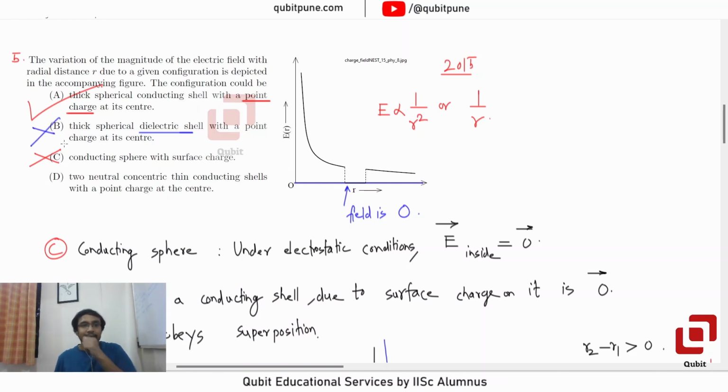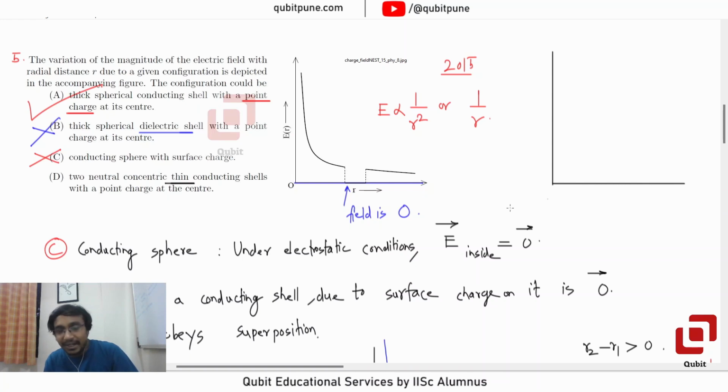Now let's come to option D. Option D says two neutral concentric thin conducting shells with a point charge at the center. Can anyone think about option D? The word thin is there.